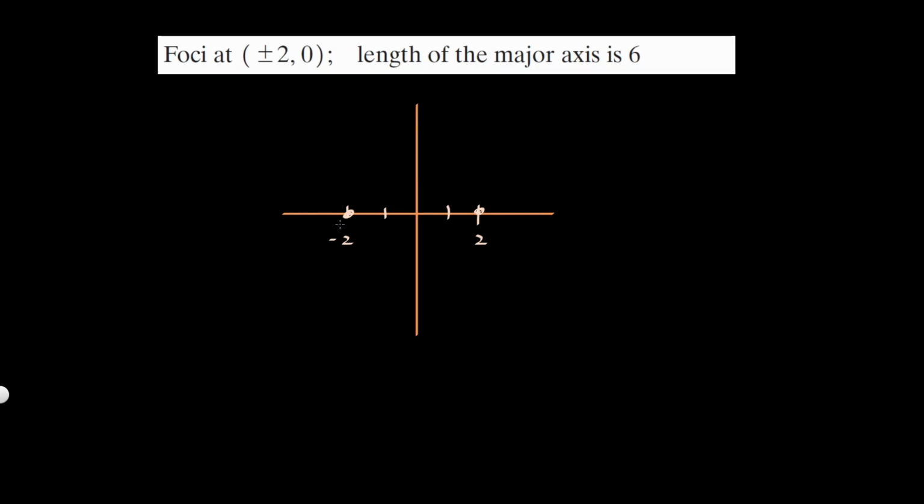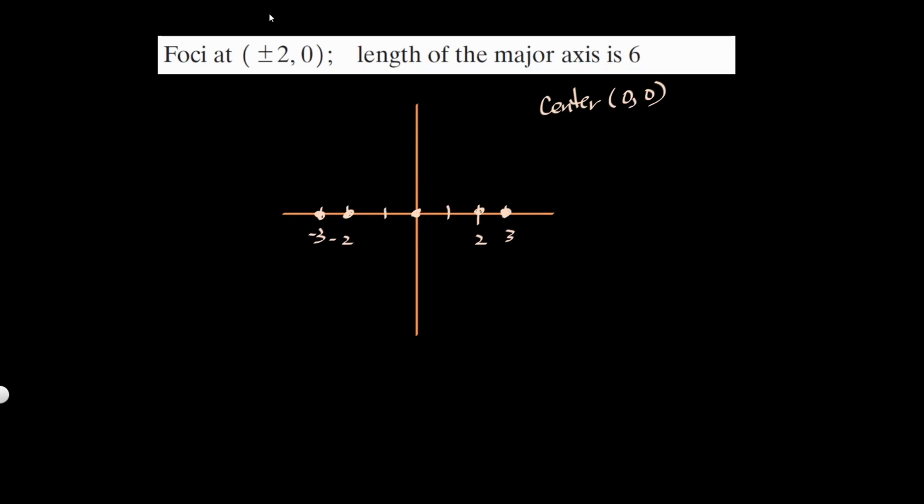Remember, foci are always on the major axis. The length of the whole thing is 6. So which means the center will be at 0, 0 again. So let me label that. And then you go half of 6, which is 3. Those, 3 and negative 3, are my vertices, because the length from here to there must be 6.